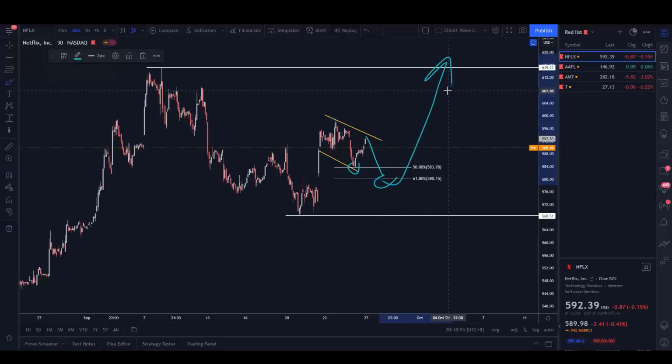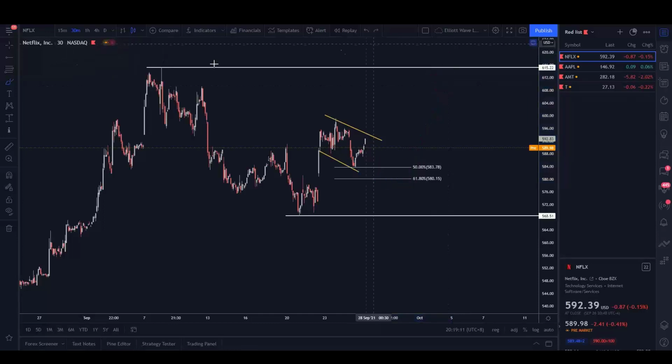In terms of a retracement trade, most of the time you'll be looking out for the 50%, 61.8 Fibonacci retracement as your zone of entry. If you're more inclined to a retracement setup, you might enter somewhere around 61.8 Fibonacci, which puts you around $580.